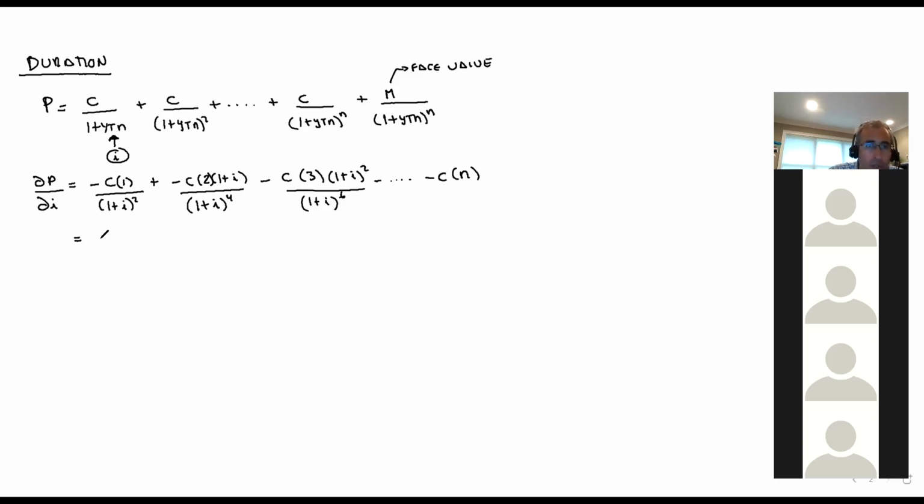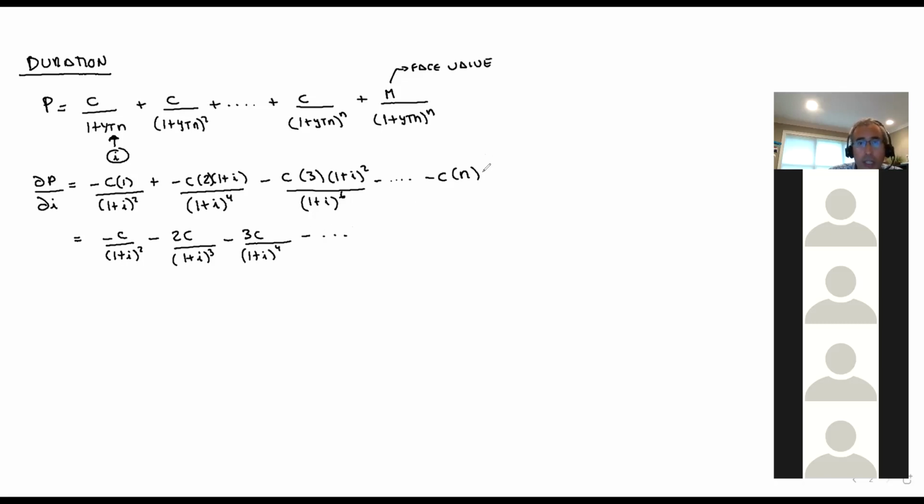So this is going to be equal to minus C over 1 plus I squared, minus 2 times C over 1 plus I cubed. Do you agree with me, guys? Minus 3C divided by 1 plus I to the power 4. So now I know this one.